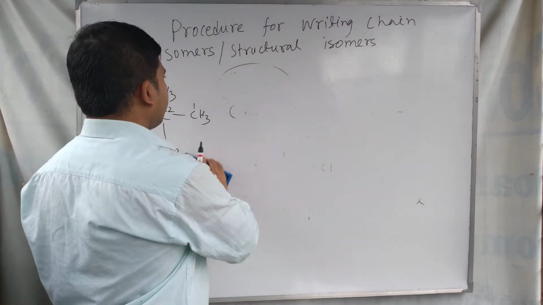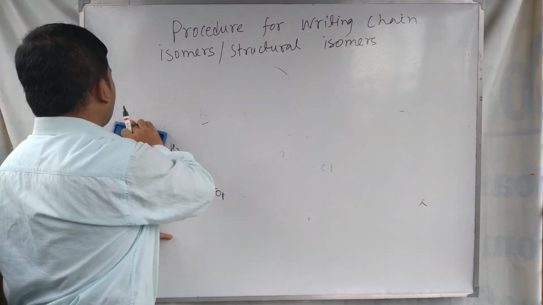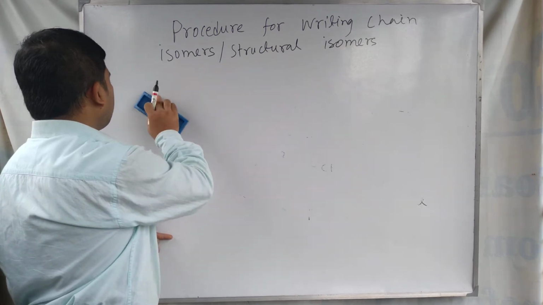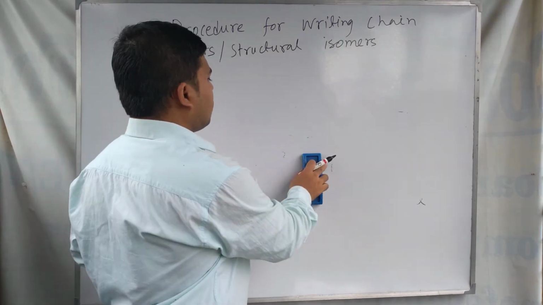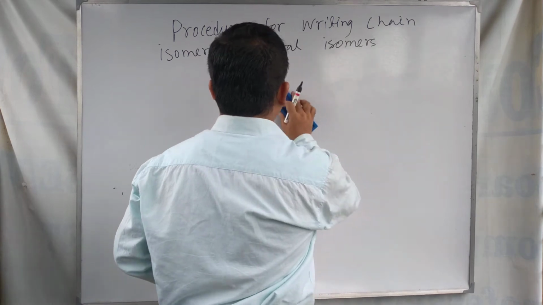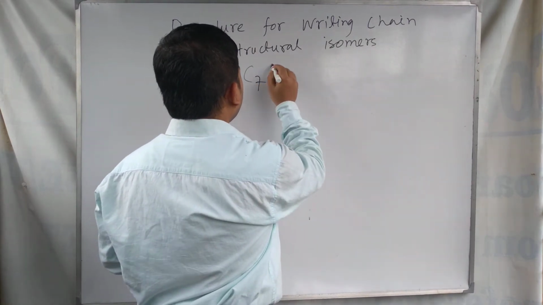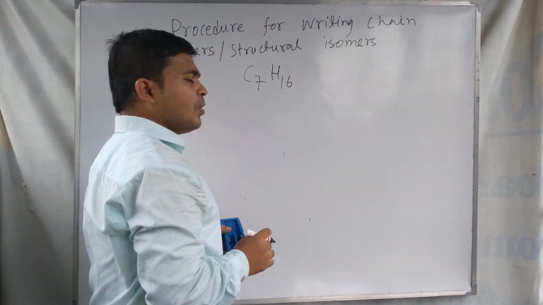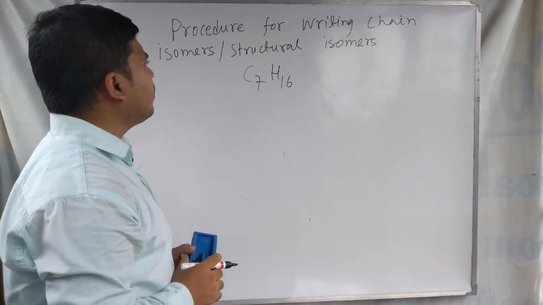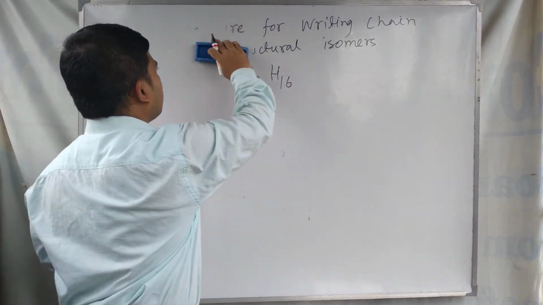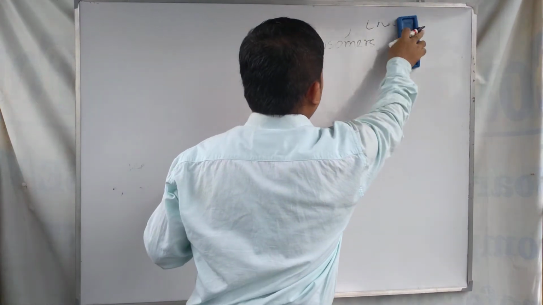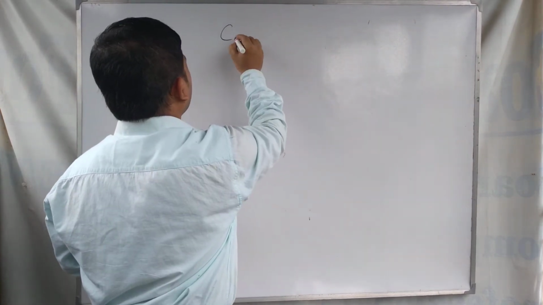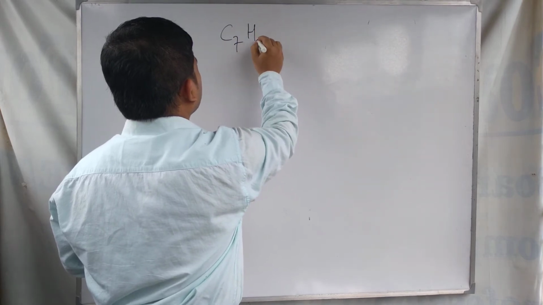We see another example where we have to draw the possible structural isomers of the molecular formula C7H16.